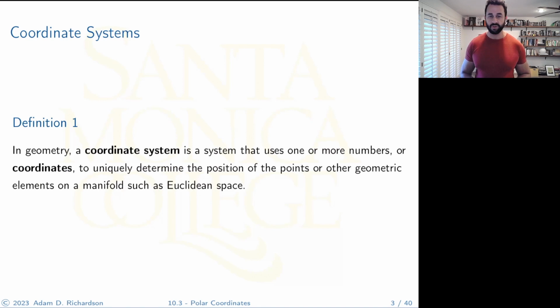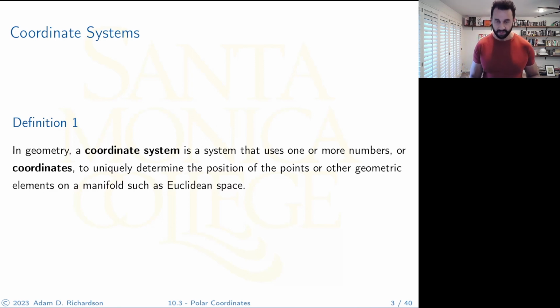All right, but let's start with coordinate systems. So what is a coordinate system to begin with? A coordinate system is a system that uses one or more numbers or coordinates to uniquely determine the position of points or other geometric elements on a manifold such as Euclidean space. So put more succinctly, a coordinate system just uses some numbers that allow you to locate a point in space.